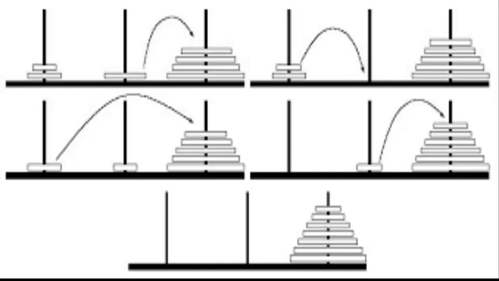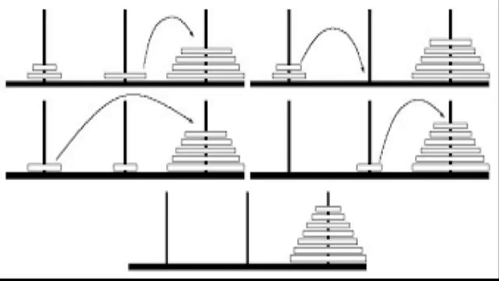So what we do next is we move our disk which is in the destination peg back to the intermediate peg, so it begins to appear in the same order in which it was in the source peg. We now move these two disks back to the destination peg.